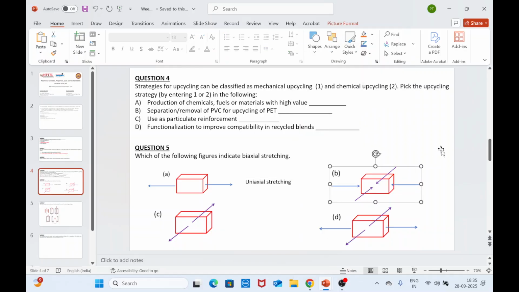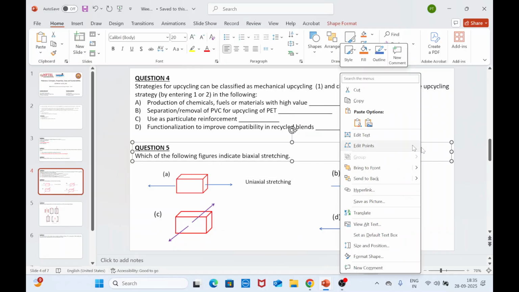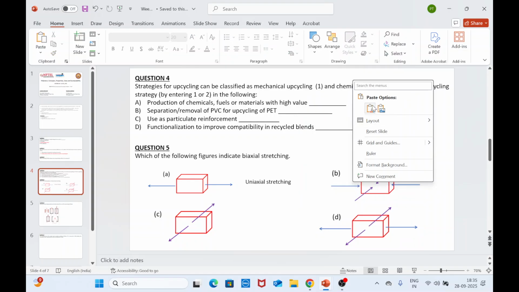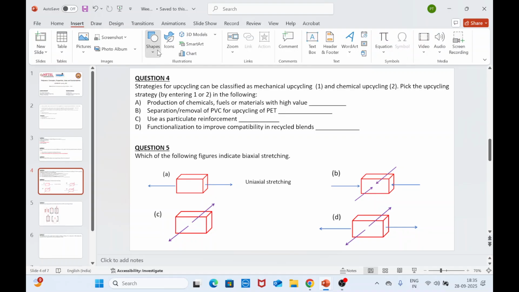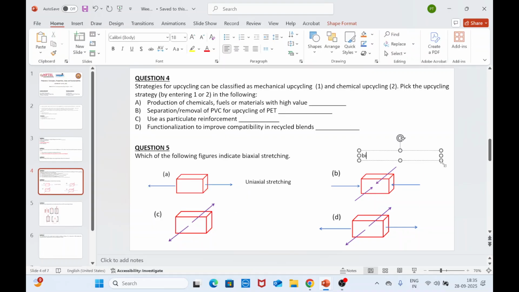This one is biaxial compression, because the force is compressive here.